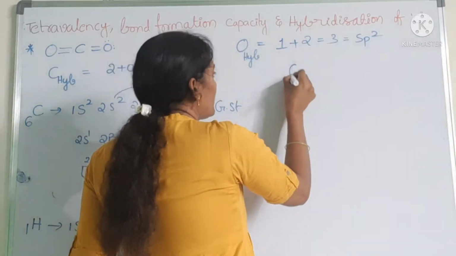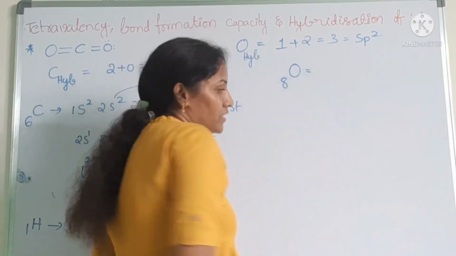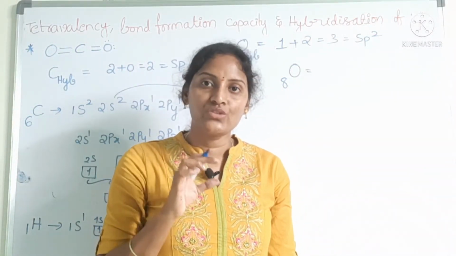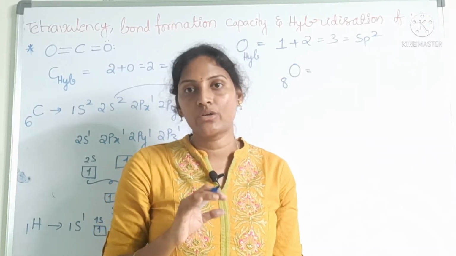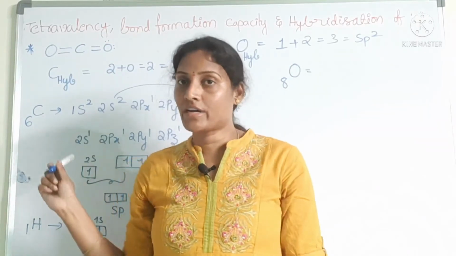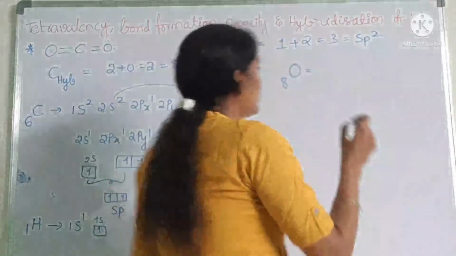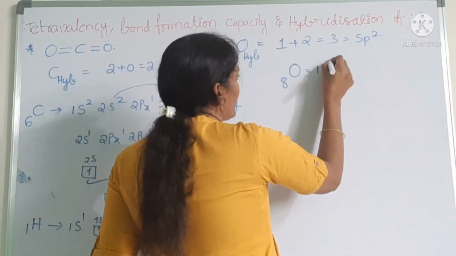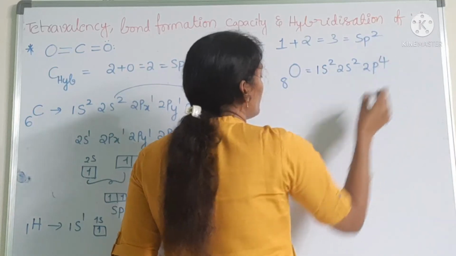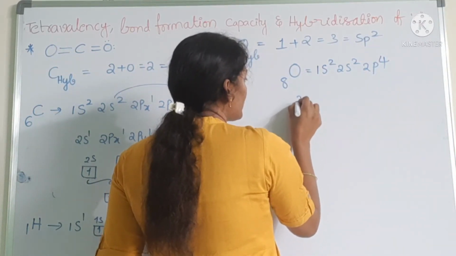Now you can take oxygen's electronic configuration. See, here also you can take the ground state electronic configuration. No need to take the excited state electronic configuration for oxygen. For carbon, you can take the excited state electronic configuration. See, oxygen has 1s2, 2s2, 2p4. This is the 2s2.